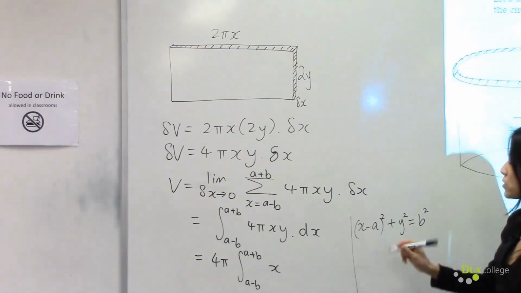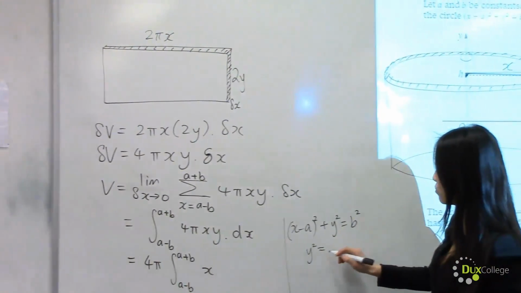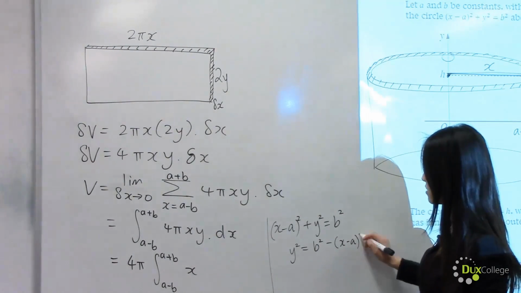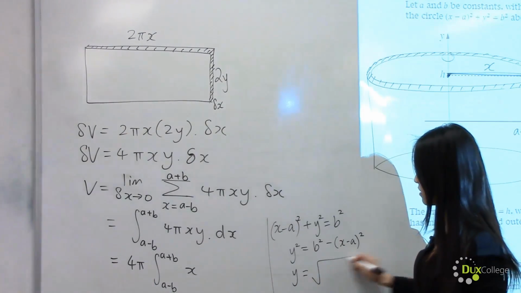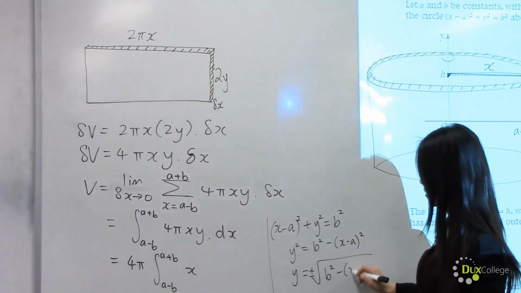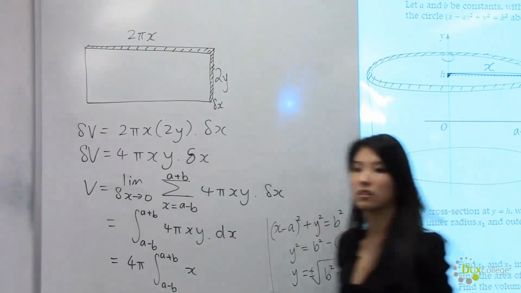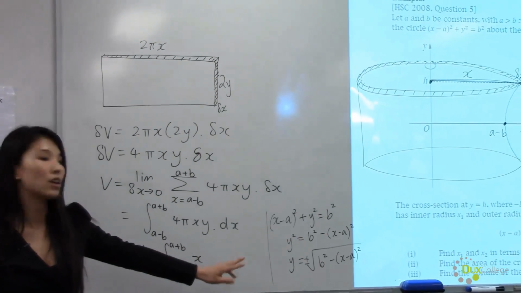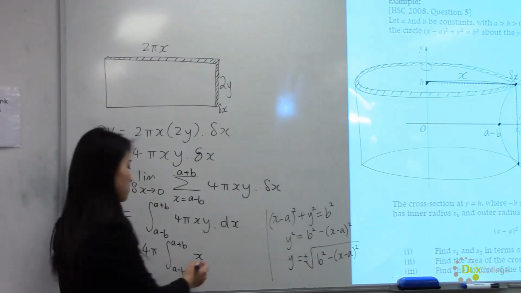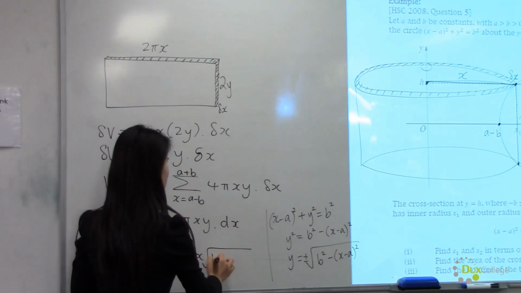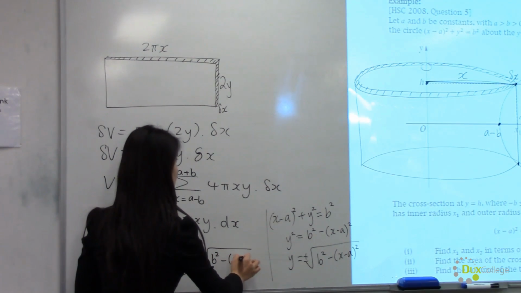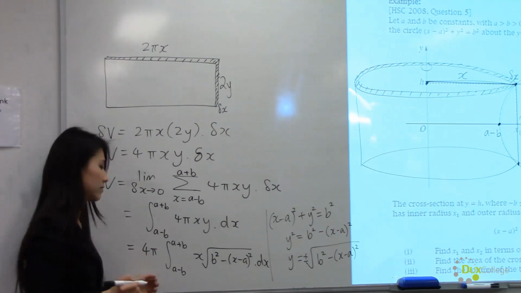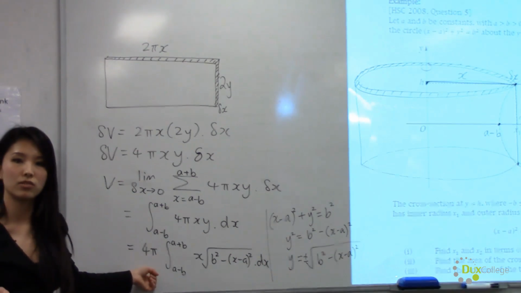Now if you solve this, we can see that y squared equals b squared minus (x minus a) squared. So y equals plus or minus the square root of b squared minus (x minus a) squared. So we have x multiplied by the square root of this, to give the volume.